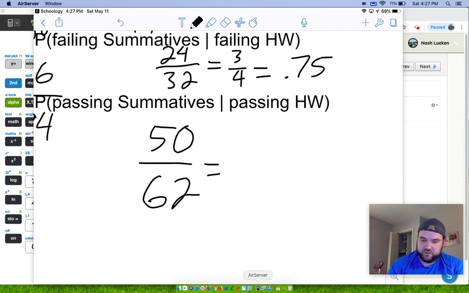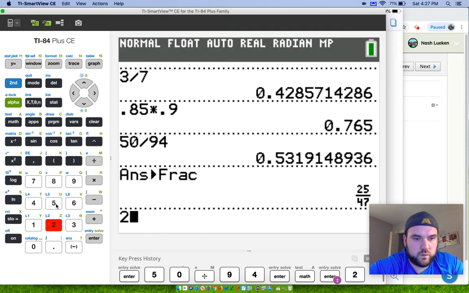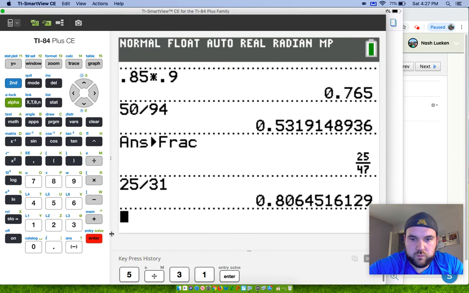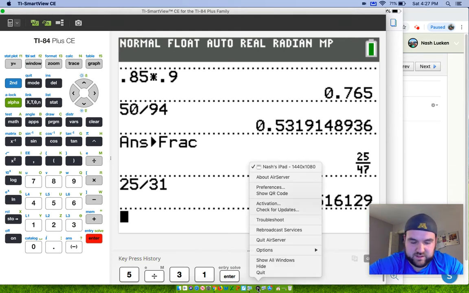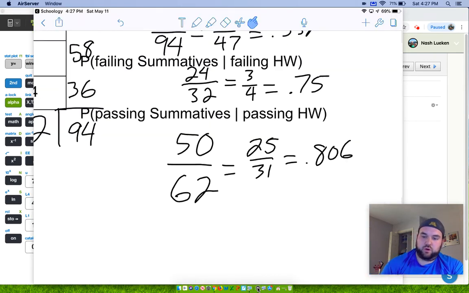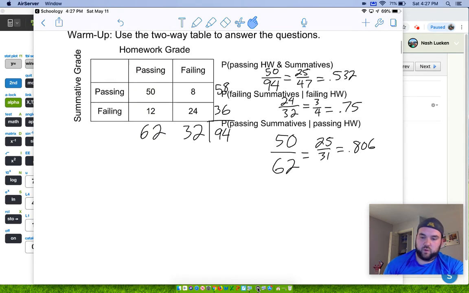So 50 out of 62 is 25 out of 31, or 0.806. So it's an 80% chance that a student is passing their summatives if you know they are passing their homework. So those are the two-way tables that we covered in section 11.4.